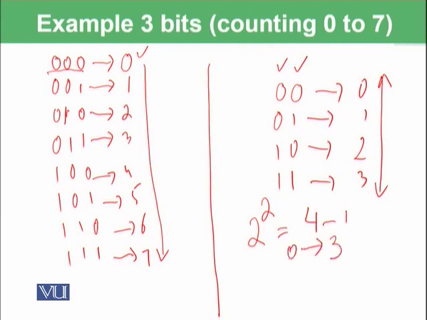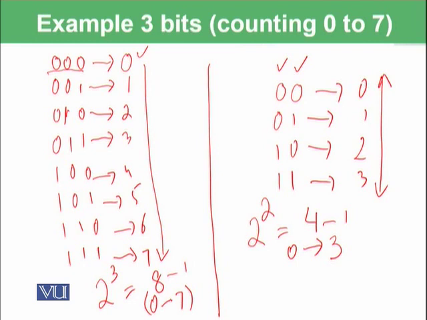Similarly here, 2 raised to power 3 is 8, so 8 numbers can be represented. Minus 1 would mean from 0 to 7. If we count numbers from 0 to 7, those would be 8 numbers.